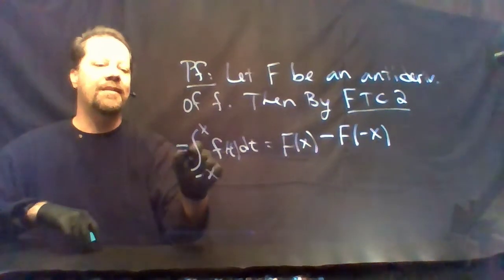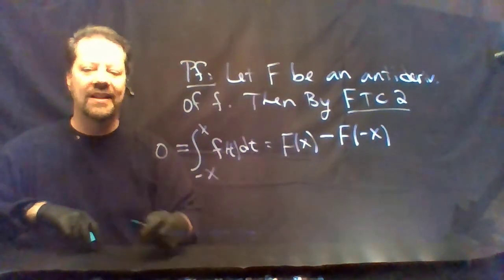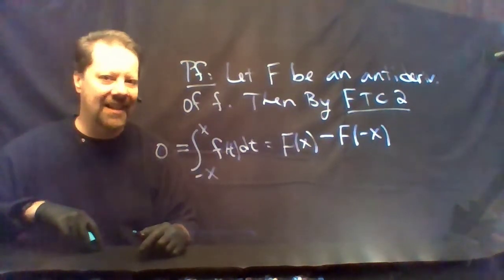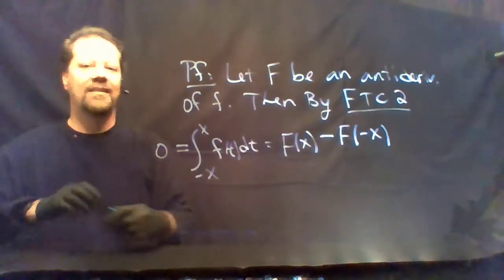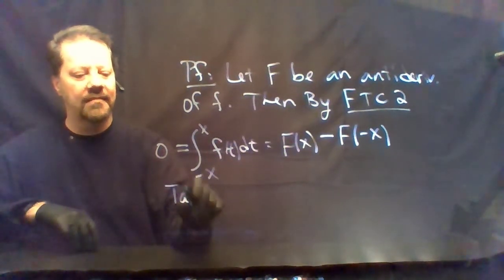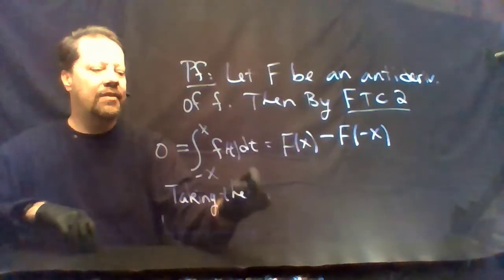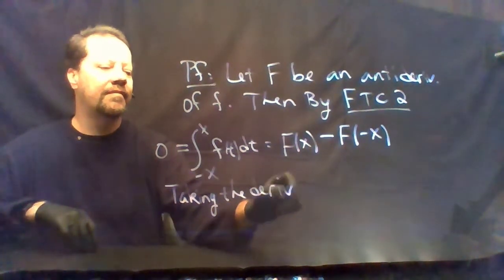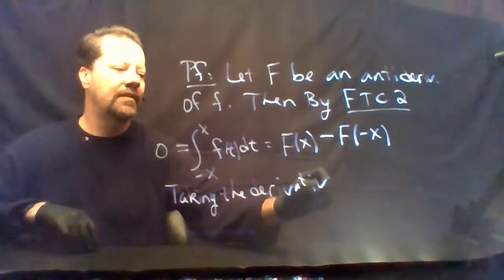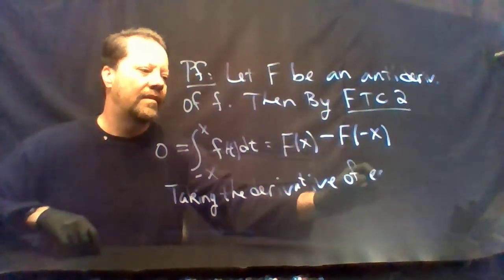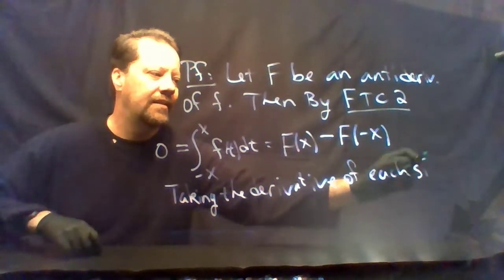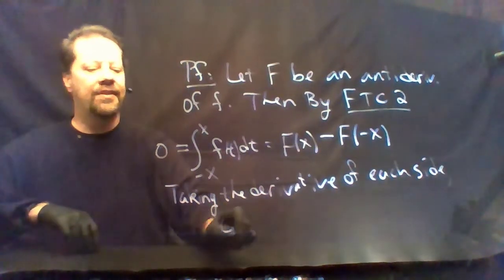And by hypothesis in the theorem, we get 0 when we integrate from negative x to x. Taking the derivative of each side, we have 0.